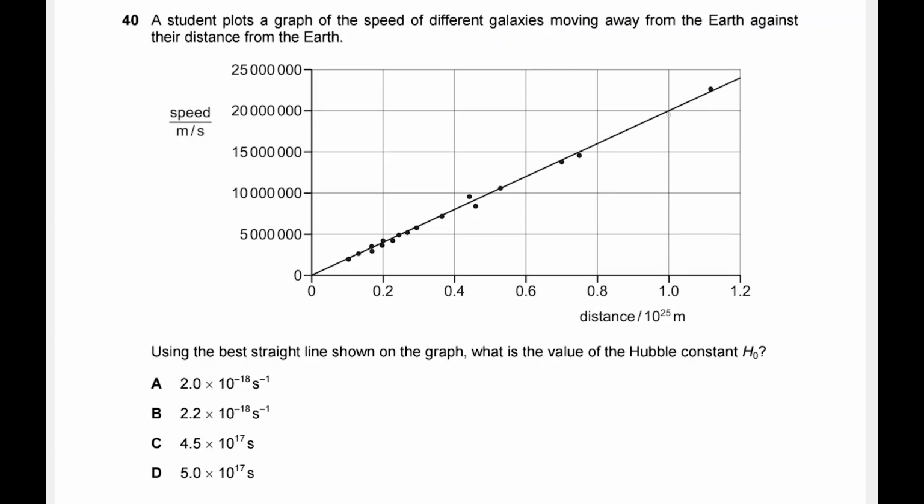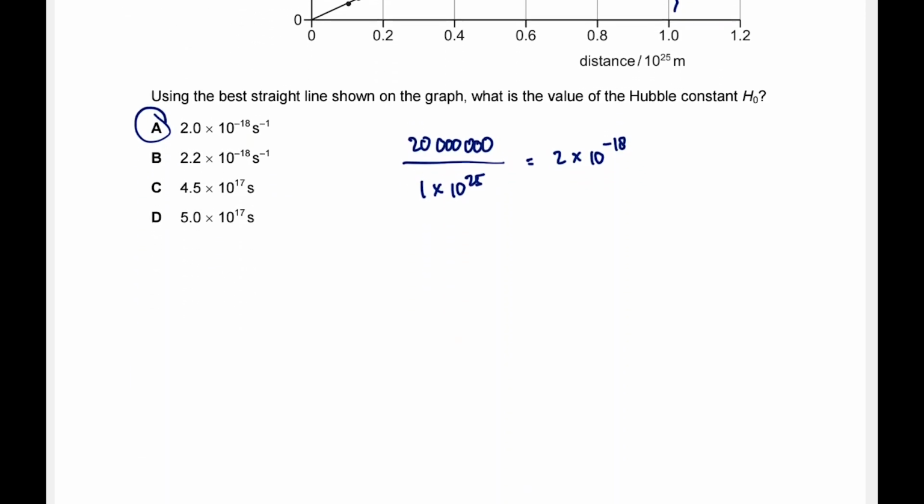So we can use probably this point and this point to find the gradient. So we use this: 20 million divided by 1 times 10 to the power of 25 is equal to 2 times 10 to the power of negative 18. A.